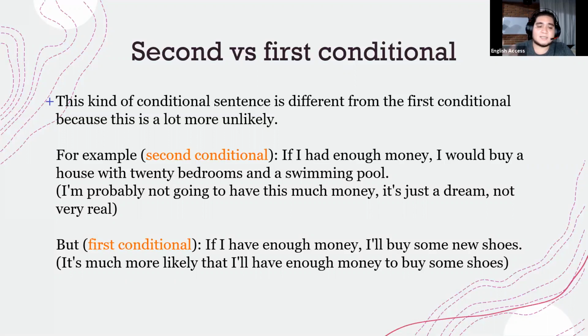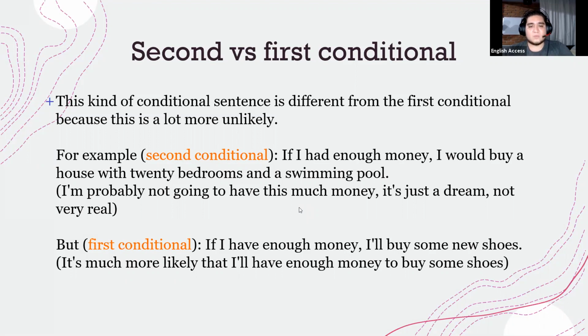Whereas the second conditional is something hypothetical as well, but it is not a certainty, right? It is not certain that it will happen if something else happens in the present. Exactly, Luis.